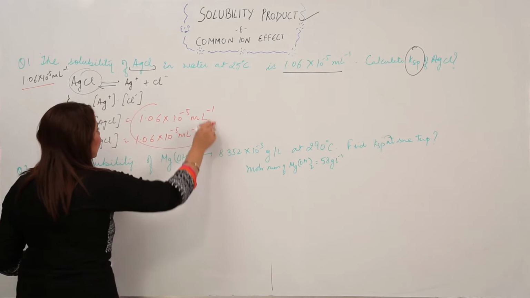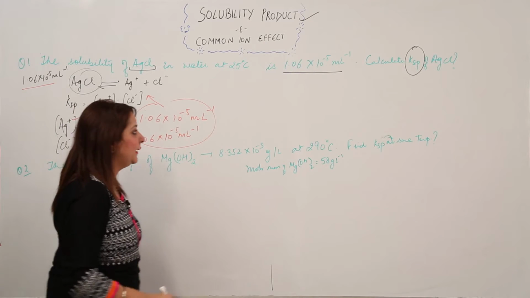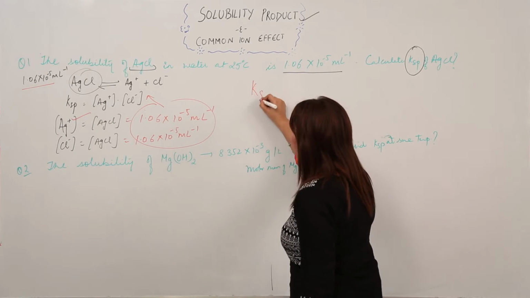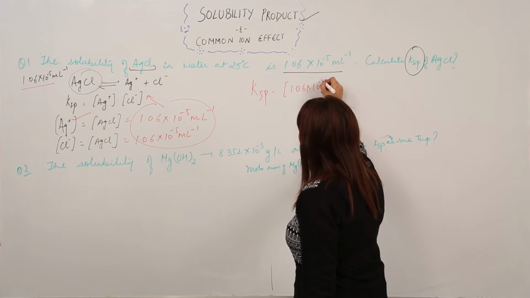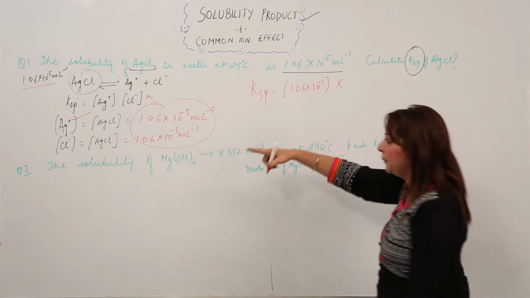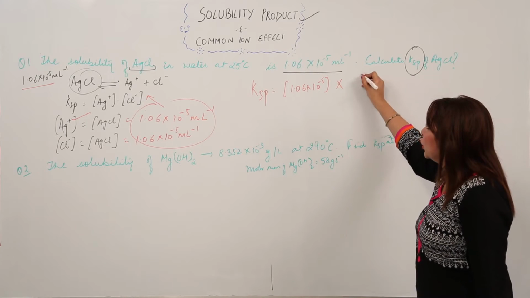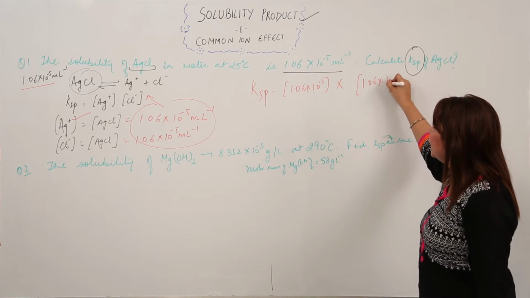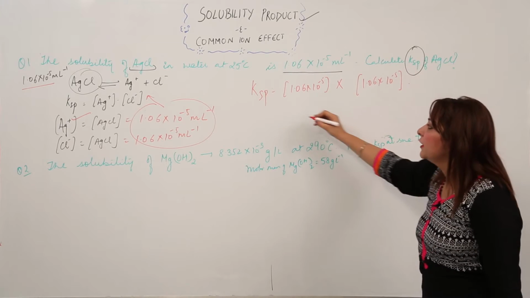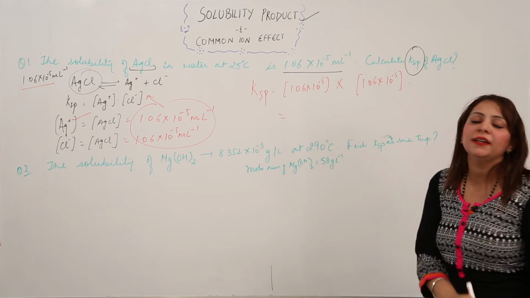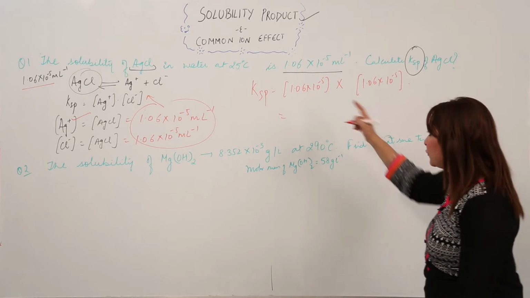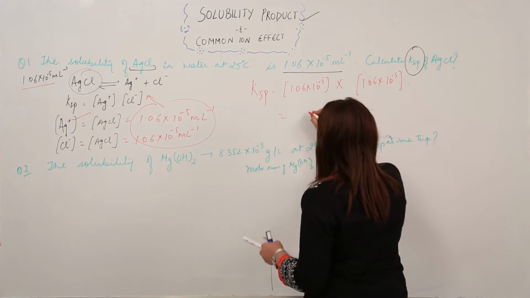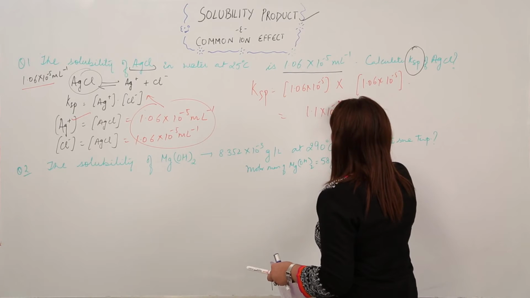Now we'll be substituting this value in this expression to calculate KSP. So KSP is equal to 1.06 into 10 raised to the power minus 5, multiplied by the concentration of Cl negative, so 1.06 into 10 raised to the power minus 5. This is how you calculate the solubility product constant, which after multiplying we get 1.1 into 10 raised to the power minus 10.